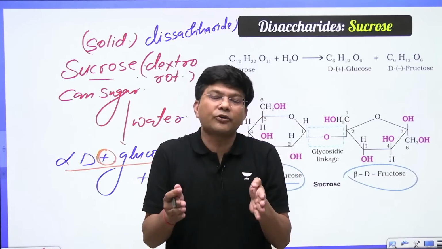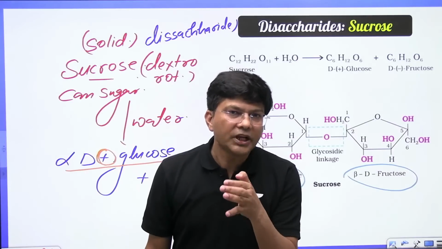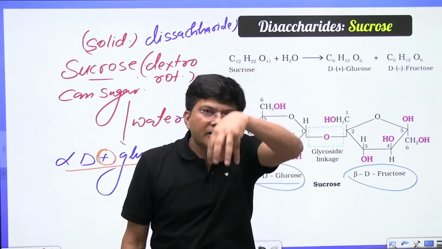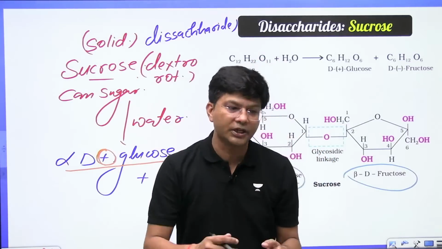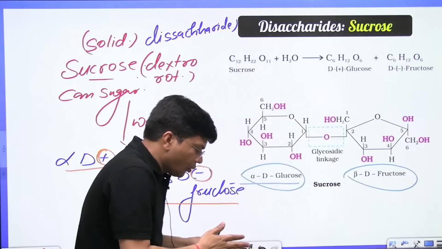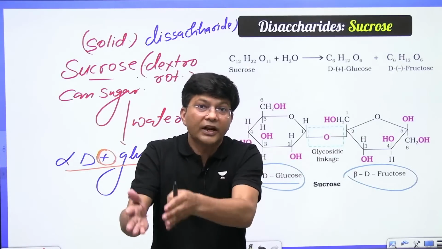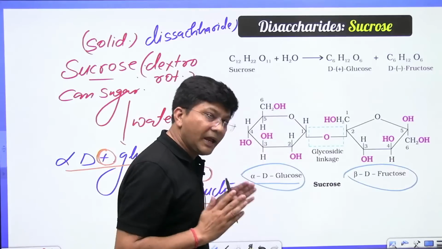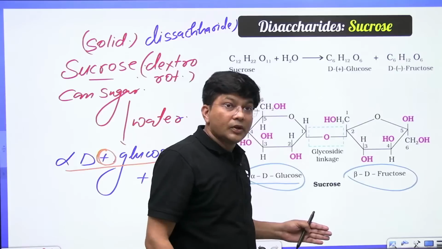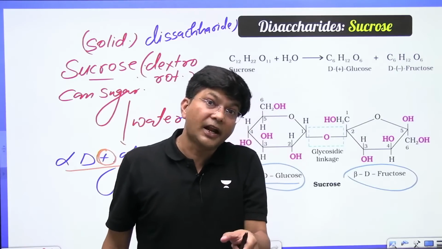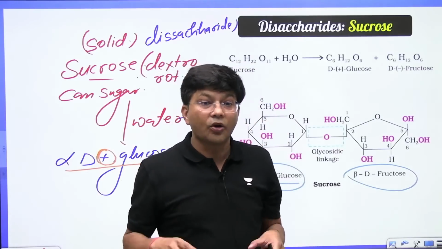If we talk about a spectrophotometer or polarimeter, by which the optical rotation is measured, if I add this sucrose in the solution and measure the rotation, the glucose will rotate the plane polarized light in the clockwise direction, whereas fructose is going to rotate the plane polarized light in the anti-clockwise direction. So 1 mole of glucose is rotating the light in the clockwise direction and another mole of fructose is rotating the light in the anti-clockwise direction.